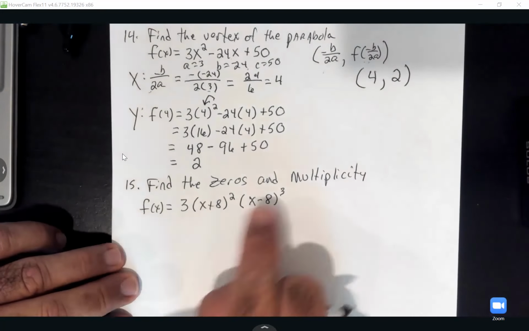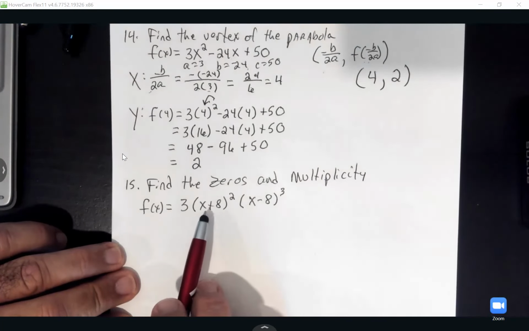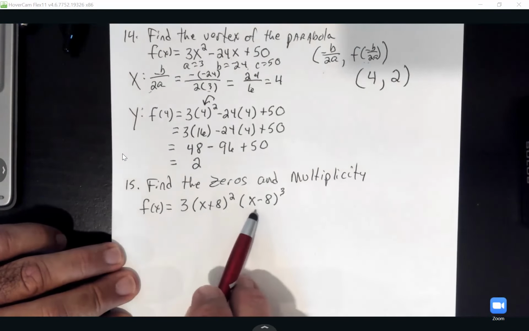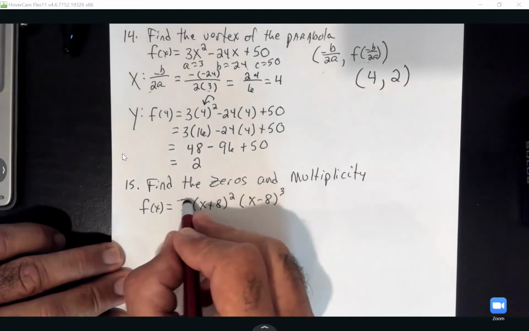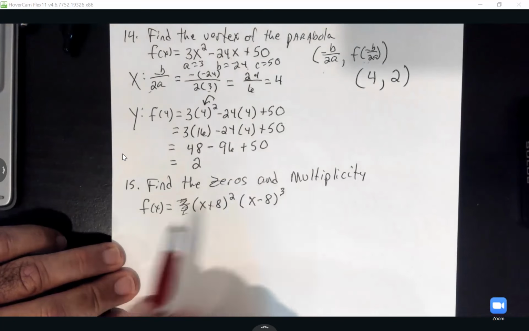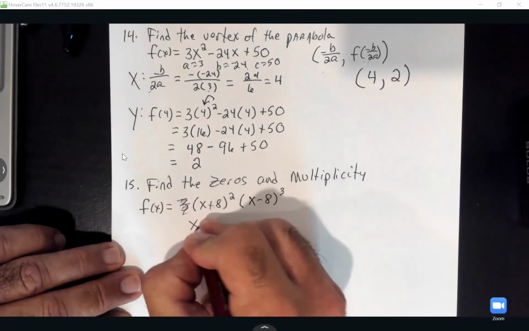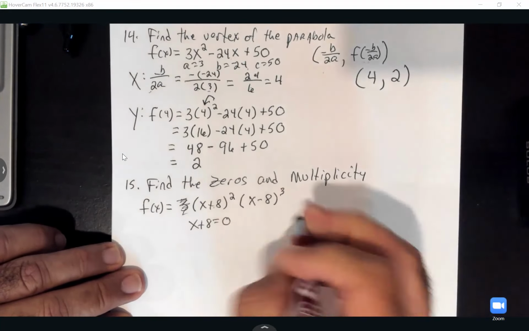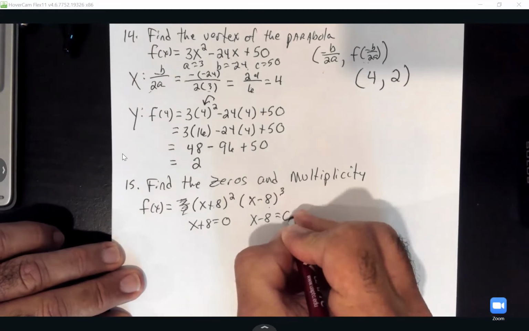So y'all, we're going to find the zeros first and then their multiplicities. To get the zeros, you set the variables equal to 0. This 3 does not have a variable, so you can cross that thing out. All we're worried about are the ones with the variables. So I'm going to set x plus 8 equal to 0, and then I'll set the x minus 8 equal to 0.